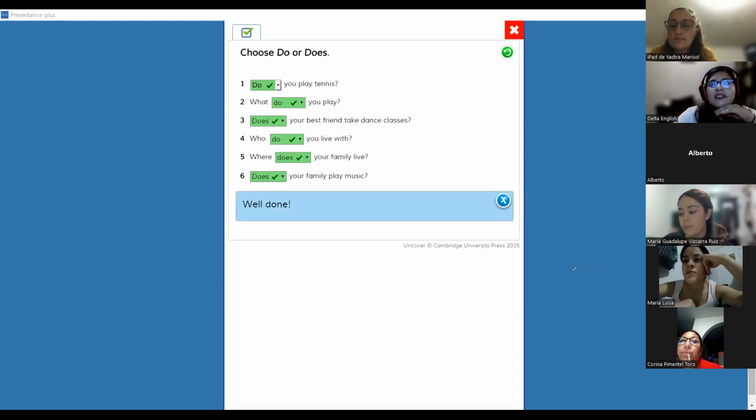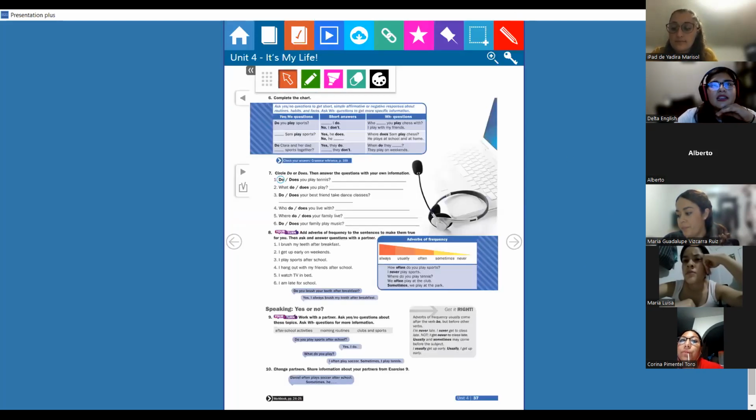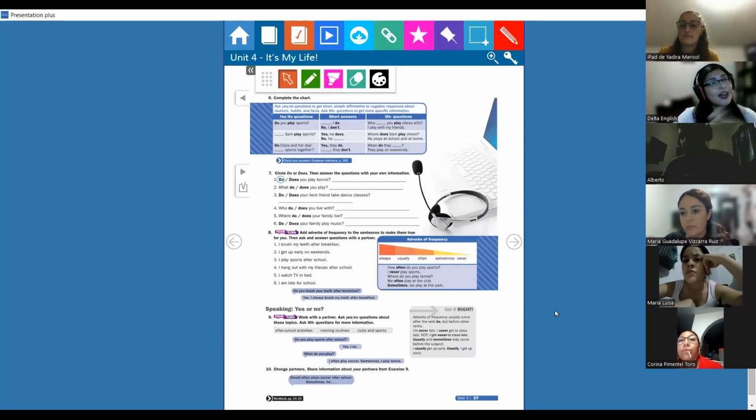Alrighty. So, before we continue, there is something that we need to add to our vocabulary. And this is called an adverb of frequency.